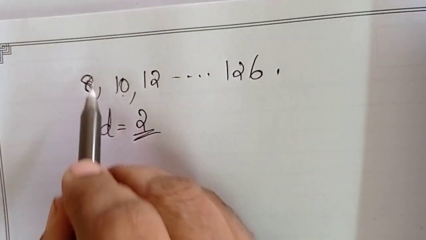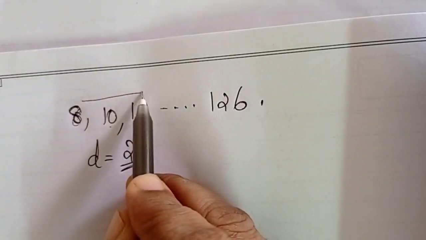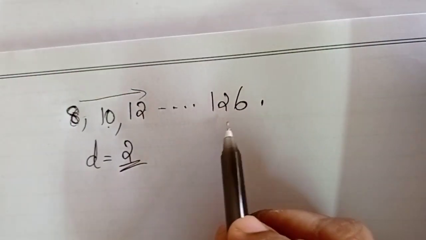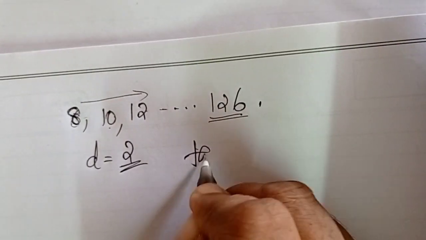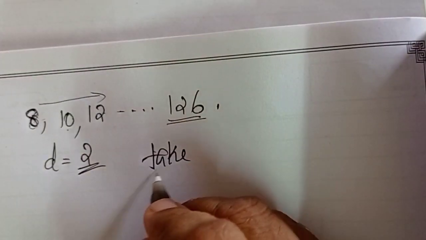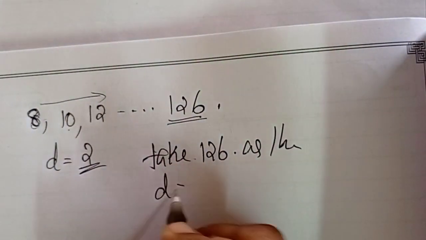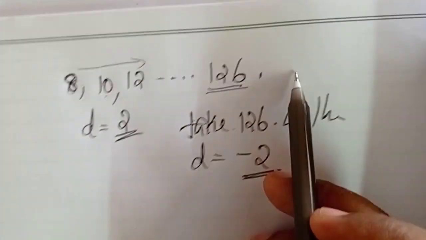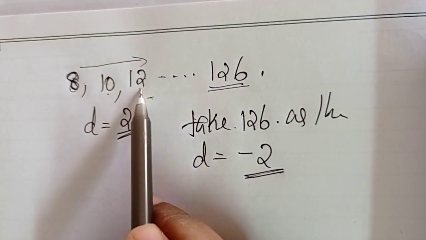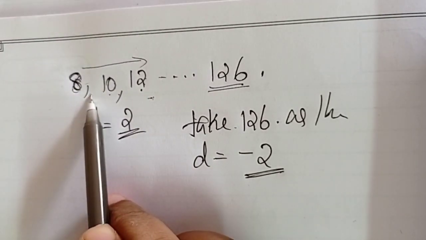But AP means from the beginning you have to add the common difference. But when you take 126 as the first term, listen carefully, d changes to minus 2 in the reverse order. Suppose 12 is there, 12 minus 2 is 10, 10 minus 2 is 8, like that.